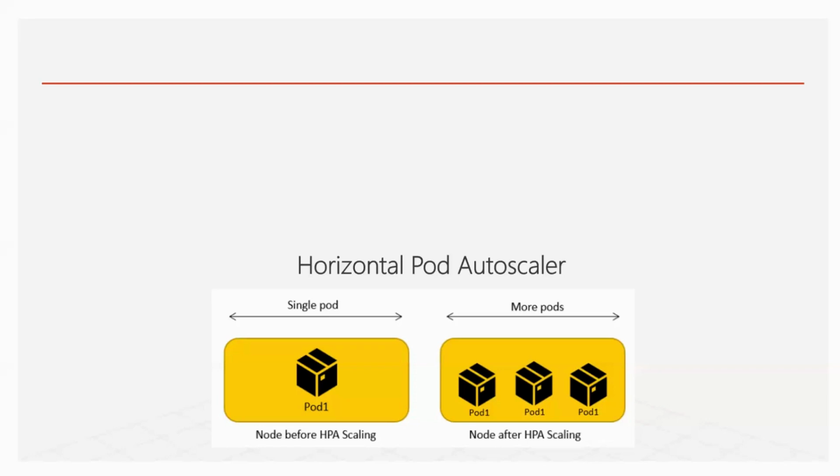HPA is one of the best and most used autoscalers, though it depends on the usage and your use cases. So you should plan your microservice architecture as per your autoscaling requirement, and enable whatever autoscaling is required.